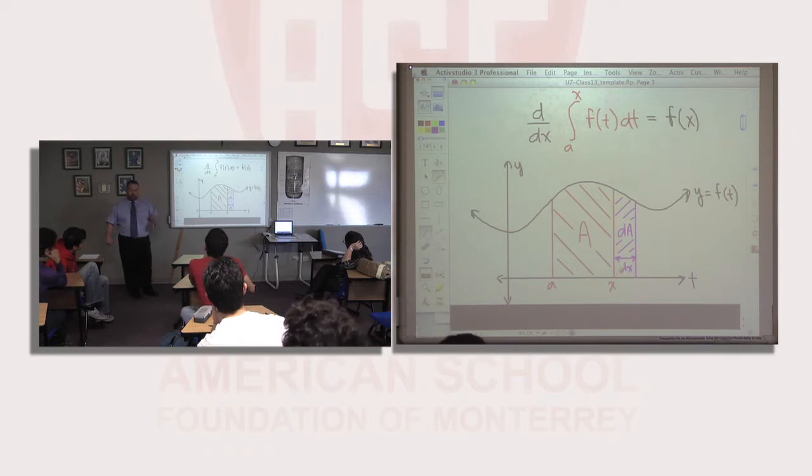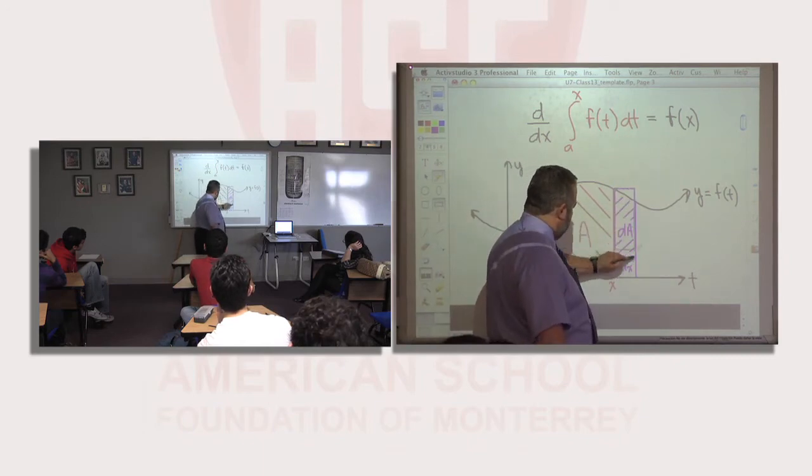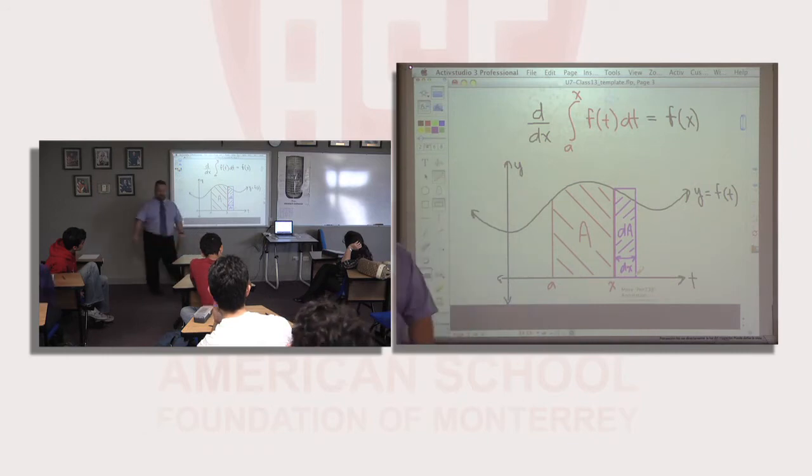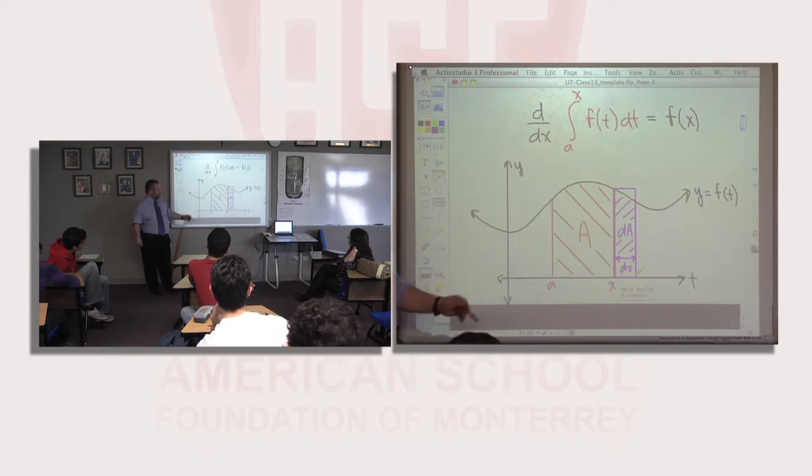Yeah, we're thinking of this as a rectangle, right? If I think of this as a rectangle, it would be this rectangle, wouldn't it? Area of a rectangle is base times height. The base is dx. The height is f at x, right?